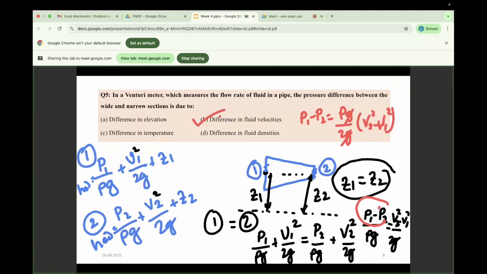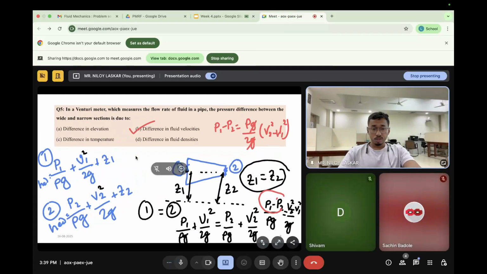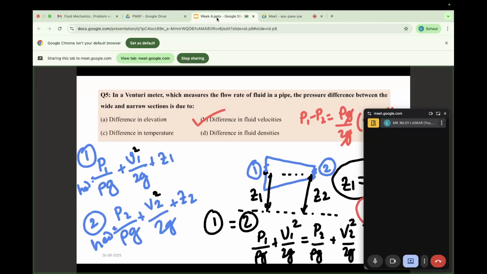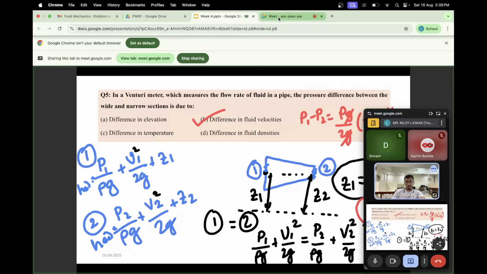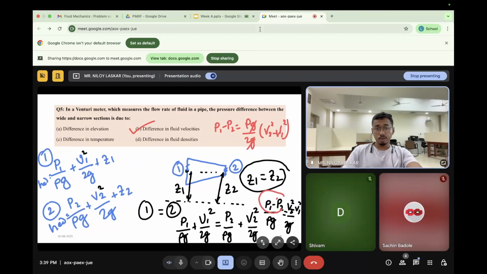That's why option B is the correct option. This is the mechanism used in a venturimeter. That is the concept. So I think I can move to the next question. Can I? Okay, I am moving to the next one.